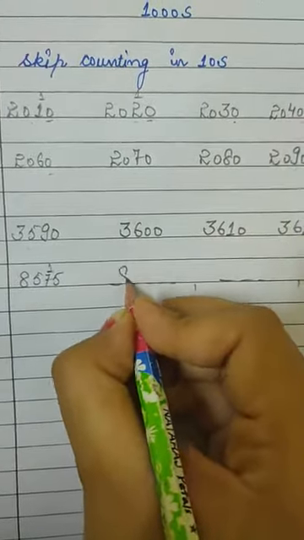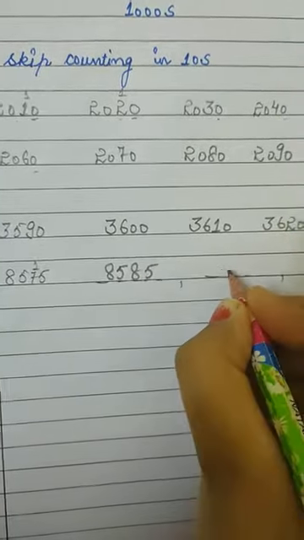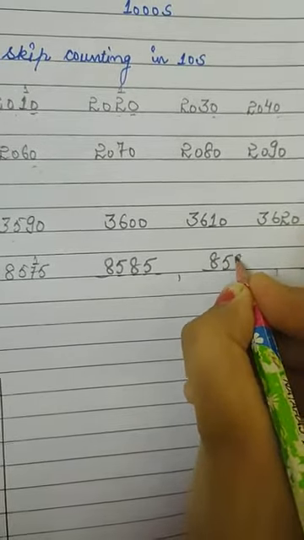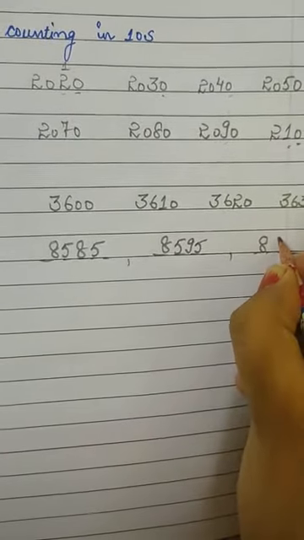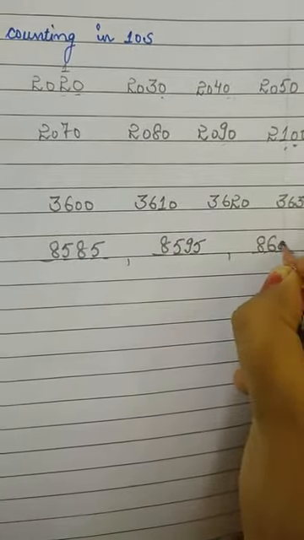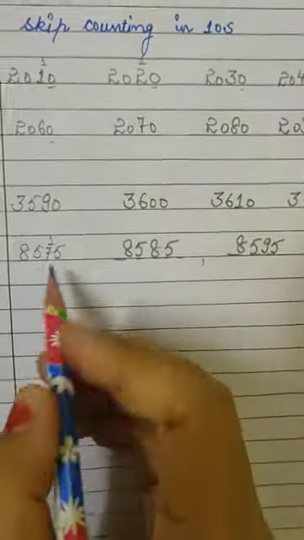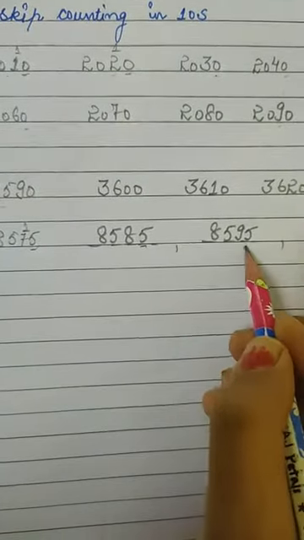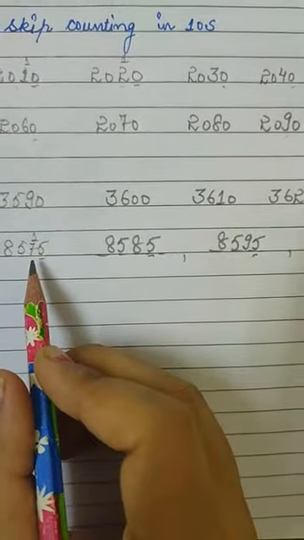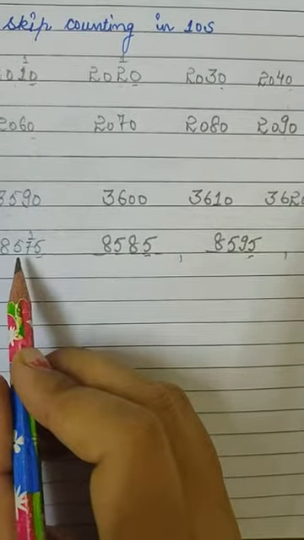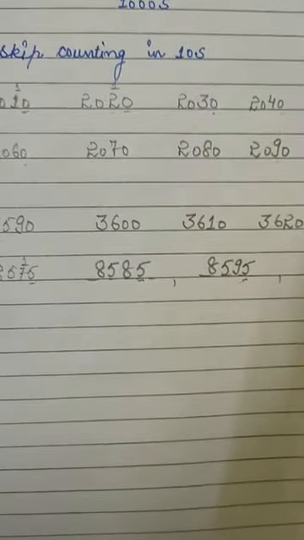What do you get? 8585, 8595, 8605, right? So just keep the ones column the same, but watch out for the tens and hundreds columns, right? In this way you can do it.